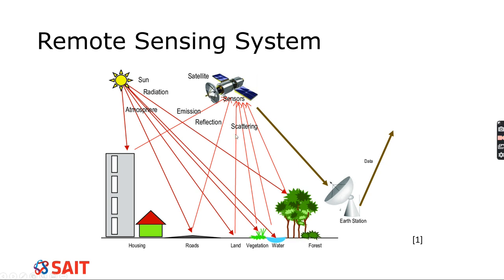So there are three words here that they've used in this diagram. The first one is emission. Let's say I'm looking at long wave radiation, which would be thermal energy, which we'll be getting into later in the semester. Emission is when the object itself sends out its own energy. You can also think of it as heat.